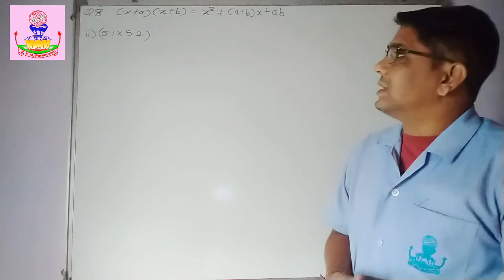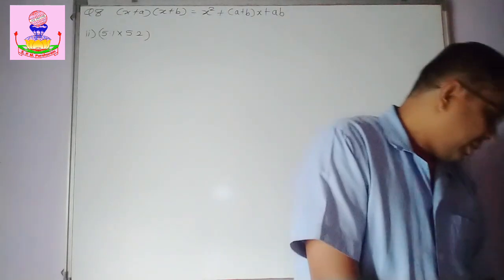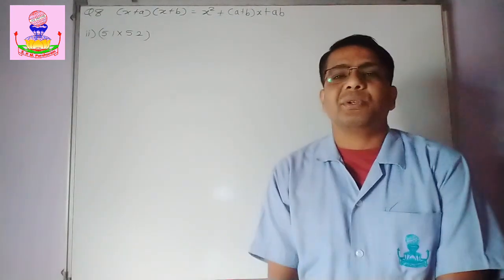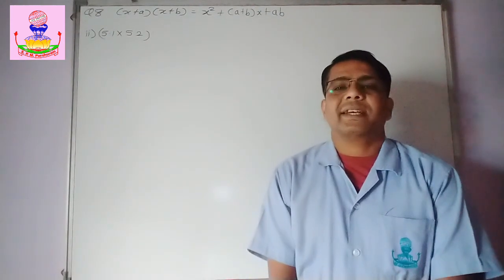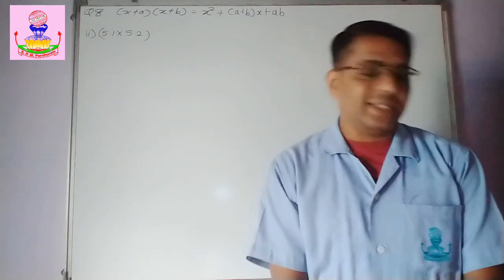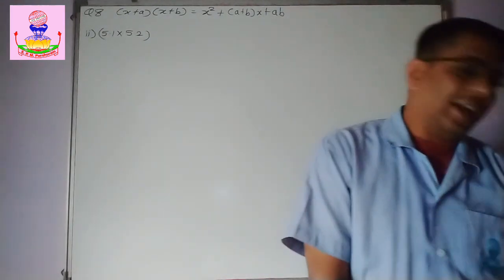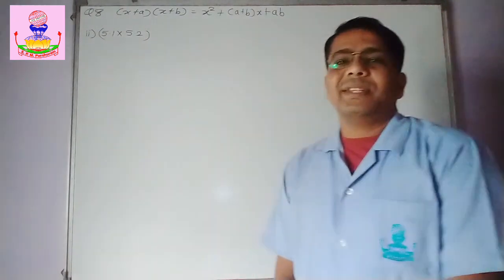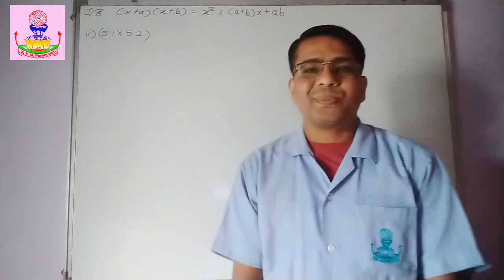Now the last question of this exercise. Question 8. Using (x plus a) into (x plus b) is equal to x square plus (a plus b) into x plus ab. Fine. So the second one I have taken 5.1 into 5.2.